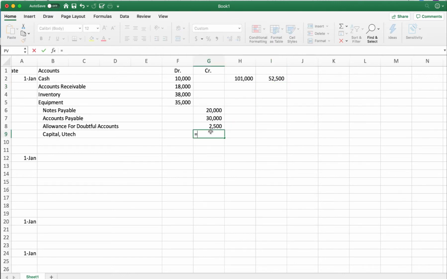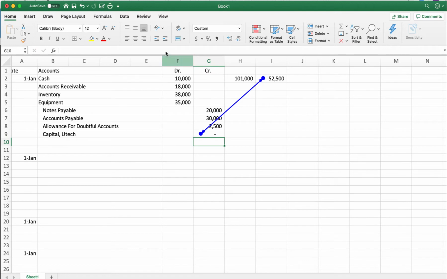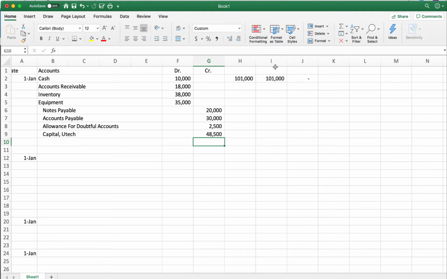The difference between these two values, rather, bear with me here, is 48.5. So I'm going to plug in my 48.5. Look what happens. Liabilities, or I'm sorry, debits equal credits. Okay? Perfect. So I'm done with UTEC.